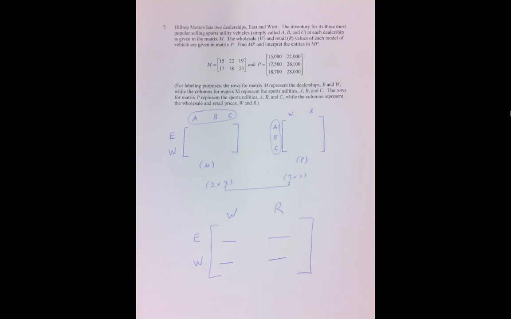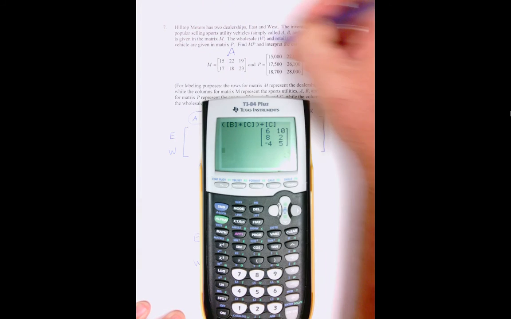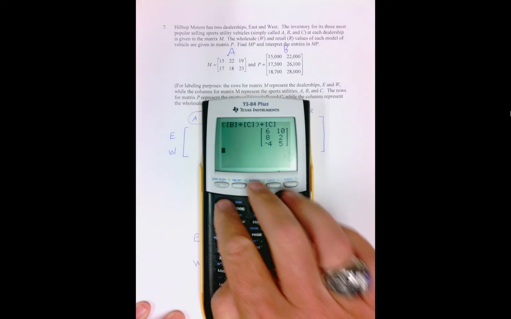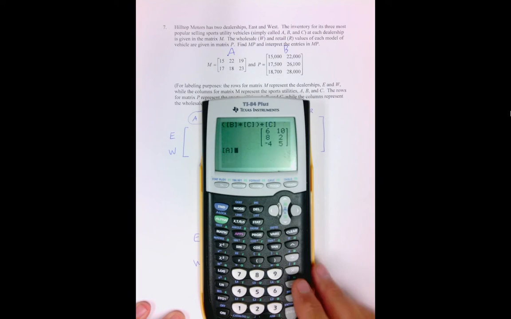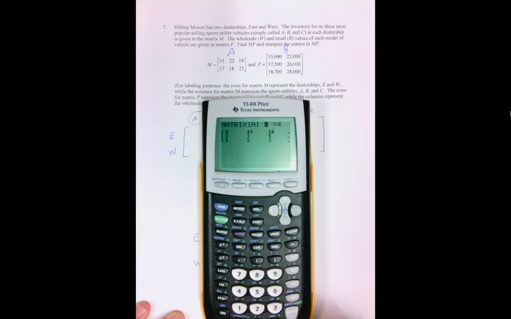Okay? Now I'm going to go ahead and pop these in. I'm going to let this one be A and this one be B. So again, I need a 2 by 3. So 15, 22, 19, 17, 18, and 23. Quit.